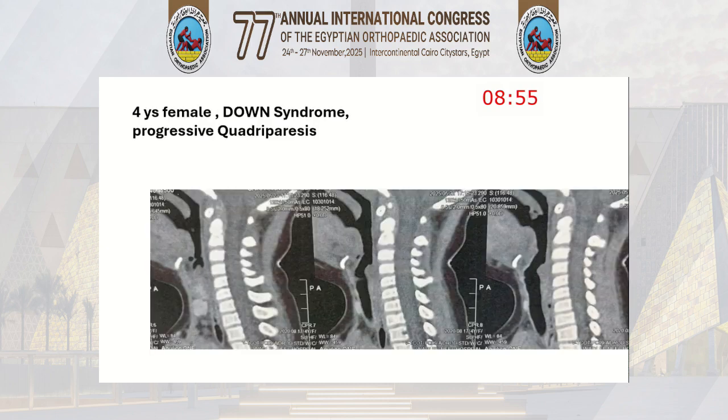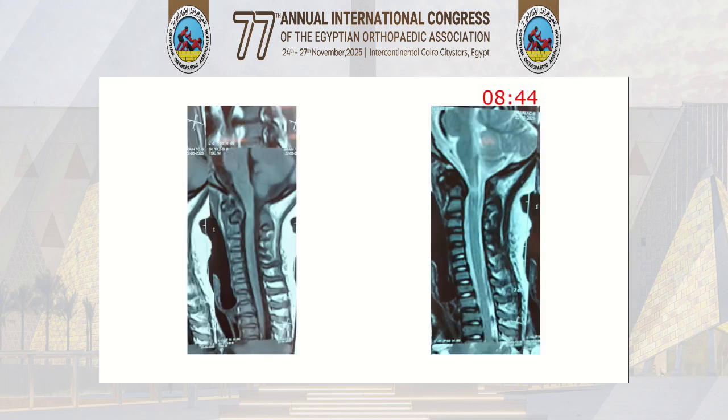Again, this is a four-year-old female from Libya with Down syndrome, very active, and then the family noticed progressive quadriparesis. Look at the cord signal change at the C1, C2 area, and you can see that the atlantodens interval is slightly enlarged, with neck pain, of course.